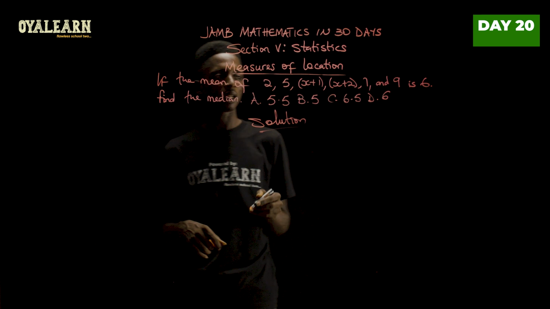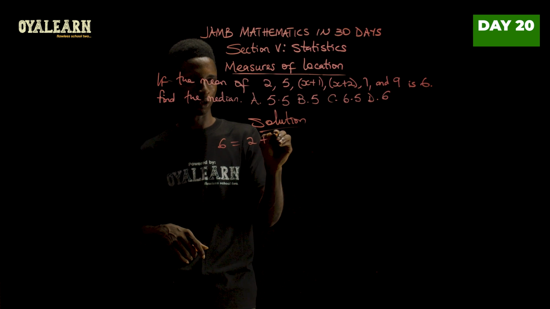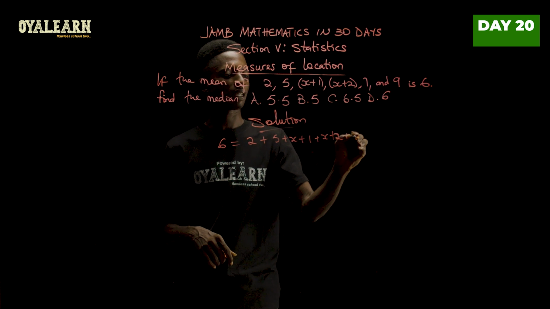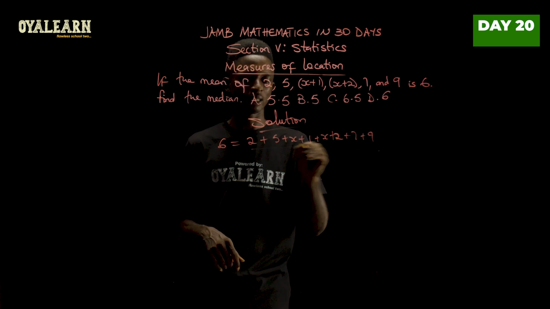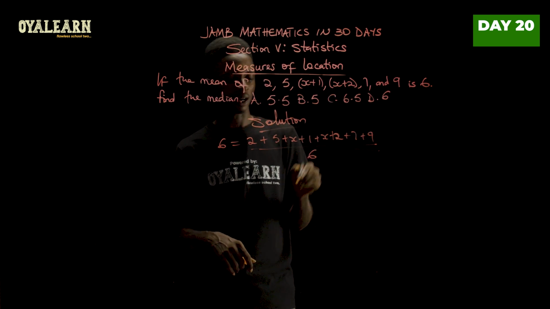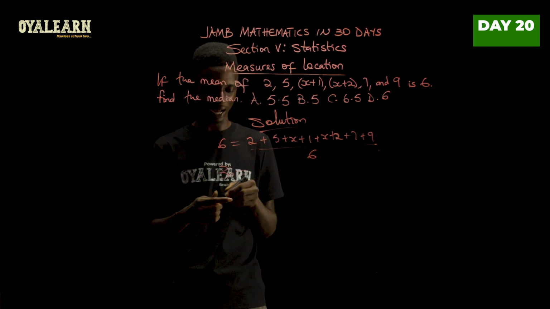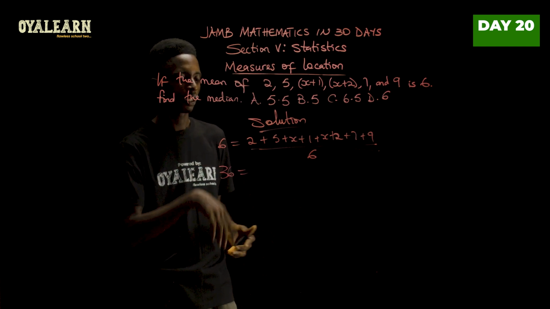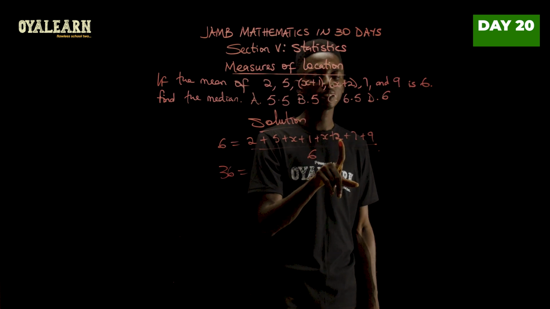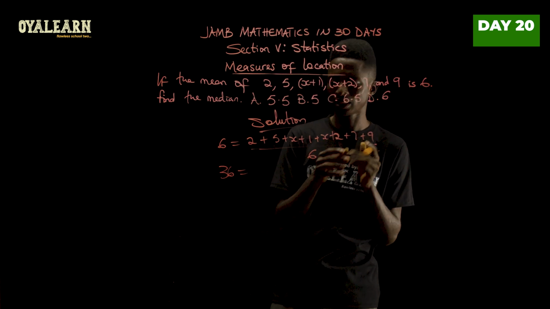To solve for x, we know that the mean, which is 6, should be the sum of all of these. So 2 plus 5 plus x plus 1 plus x plus 2 plus 7 plus 9, all divided by the number of values, which is 6. So 6 times 6, which gives us 36, equals, now let's add all of this up. 2 plus 5 is 7, plus 1 is 8, plus 2 is 10. 7 plus this gives us 16, 16 plus 10 is 26.